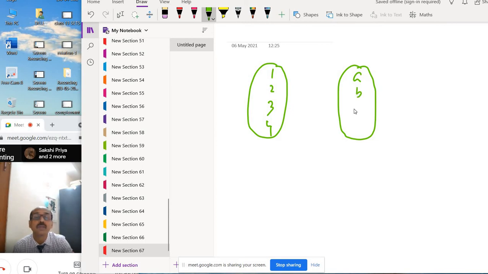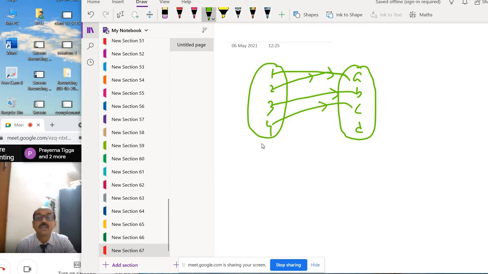A, B, C, D. Okay. So image of one is A, two also has the same image A, then image of three is B, and image of four is C. Okay, this is X set and this is Y set.